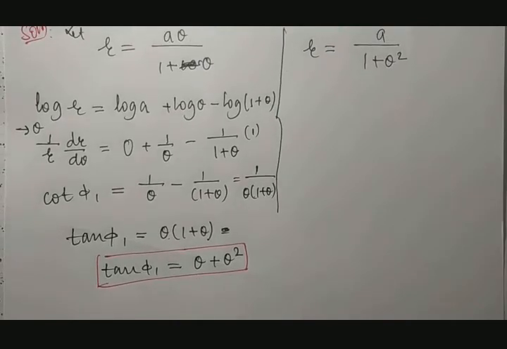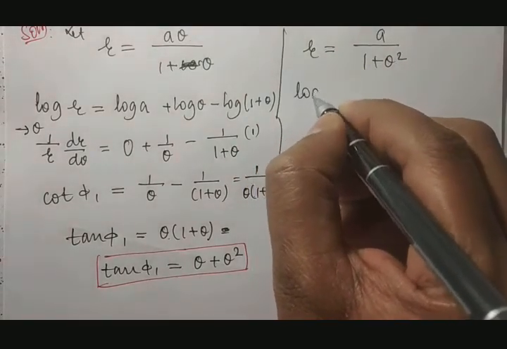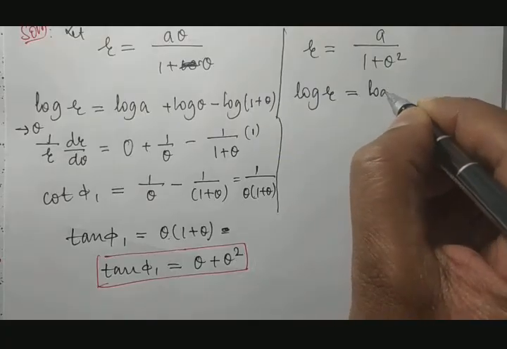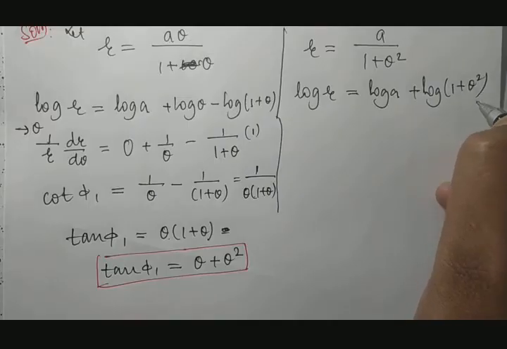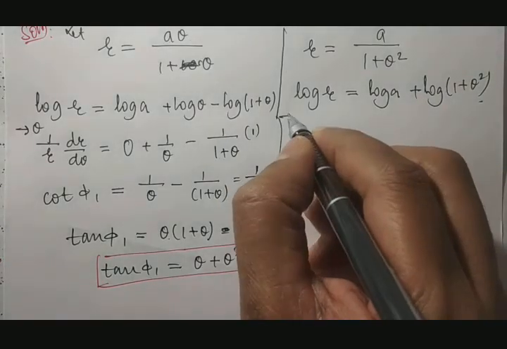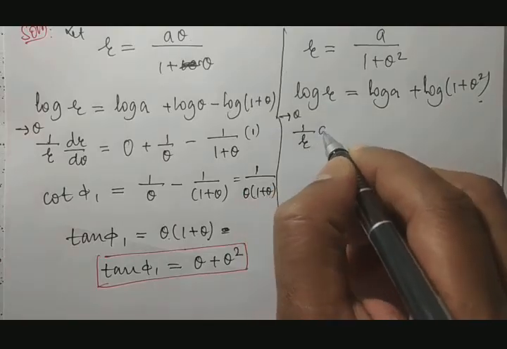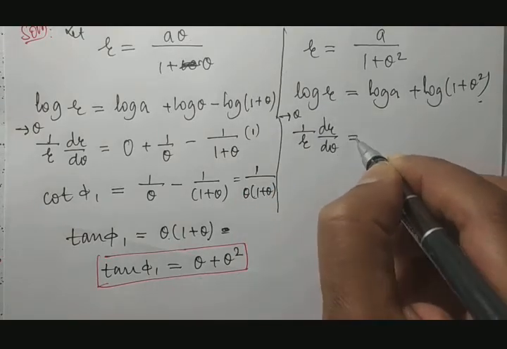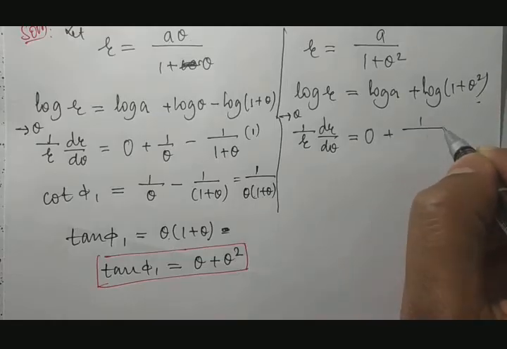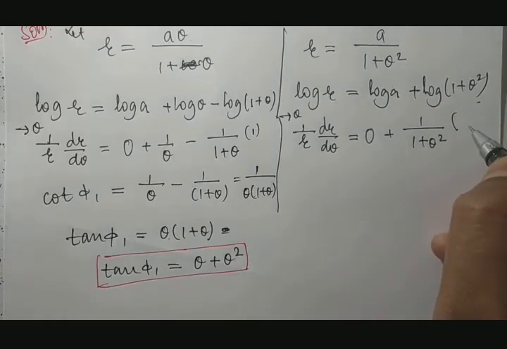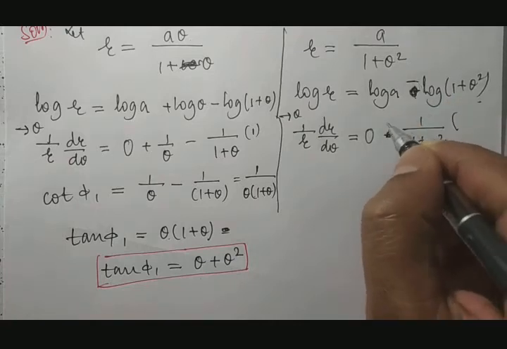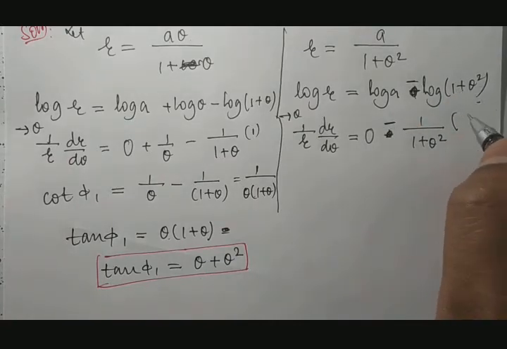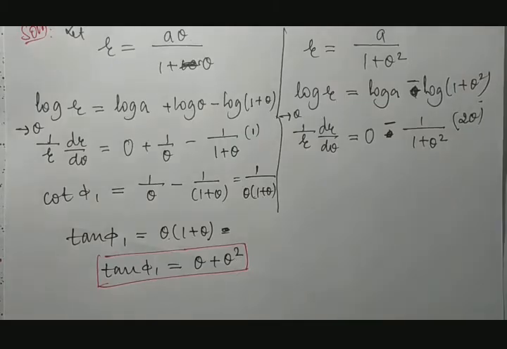Similarly, apply log on both sides of the second curve. Then log r is equal to logarithm of a minus logarithm of 1 plus theta square. Again, differentiating with respect to theta, 1 by r into dr by d theta is equal to 0 minus 1 divided by 1 plus theta square into the differentiation of 1 plus theta square, which is 2 theta.